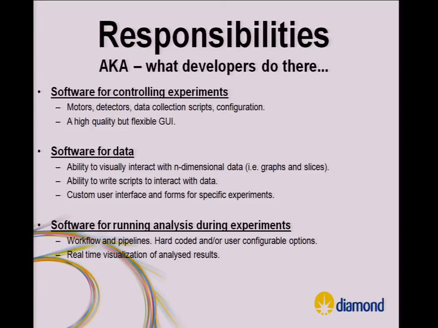So what the developers do, well, the developers do basically three things, and all of those things involve Eclipse RCP. We're only going to look at one of them today, but we control the experiment. You remember I said that the scientists cannot be in the hutch because of the hard X-rays. Well, they still have to move their samples around, and they still have to be able to open and close the shutter to let the light in and all this kind of stuff.